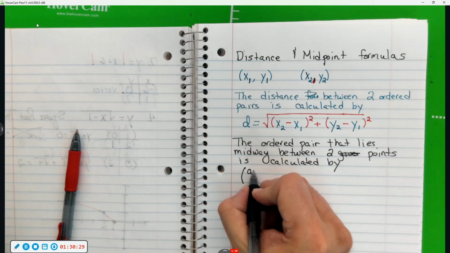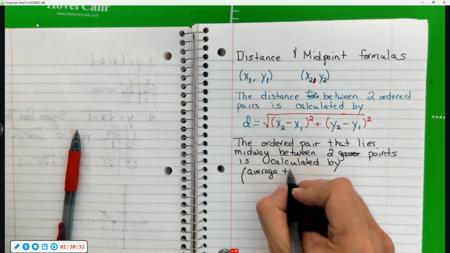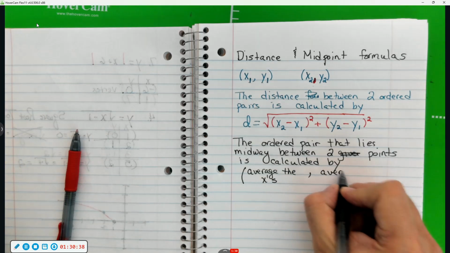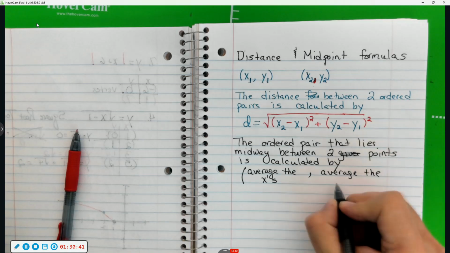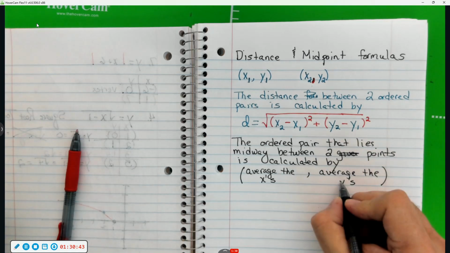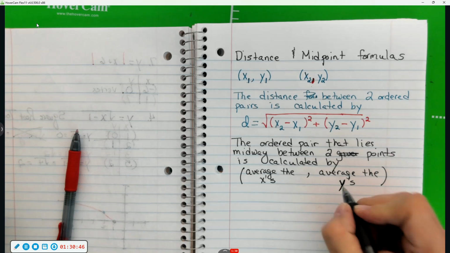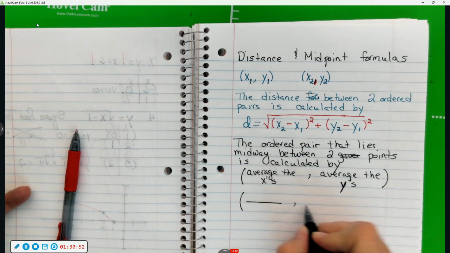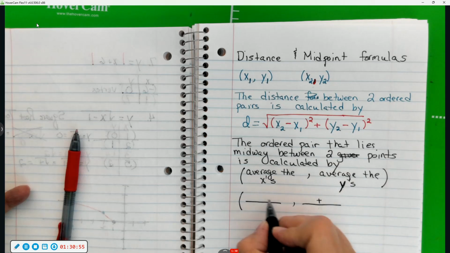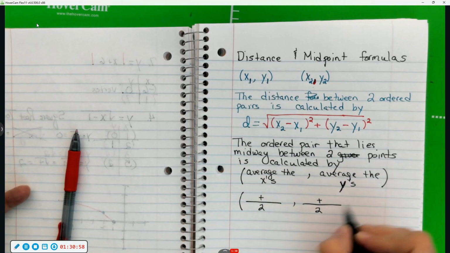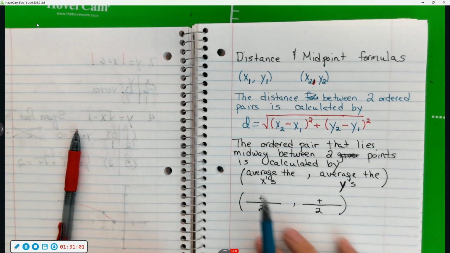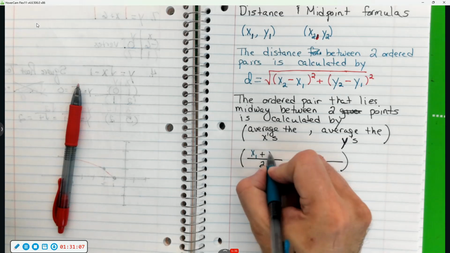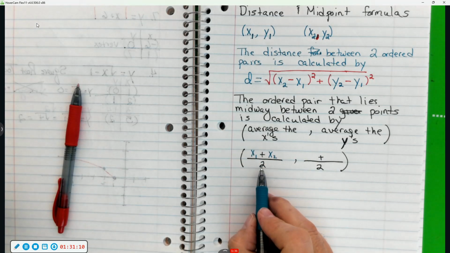You average the x's, and then you average the y's, okay? In other words, to average the x's, you just add up x1 plus x2, and then divide by 2.